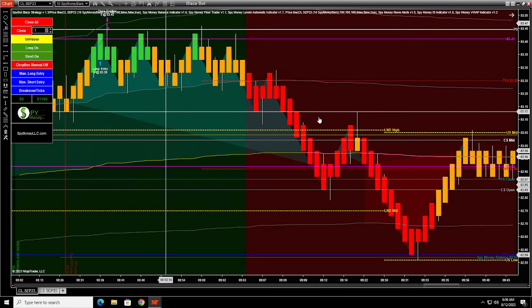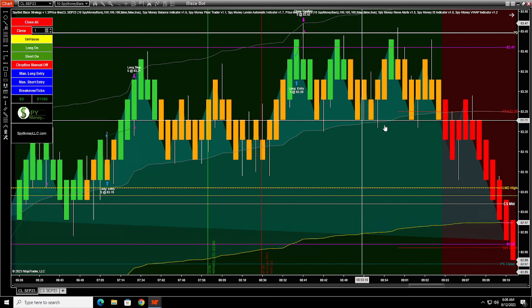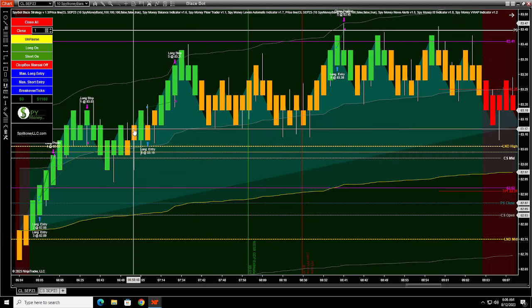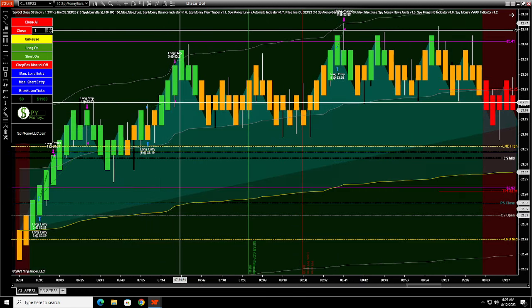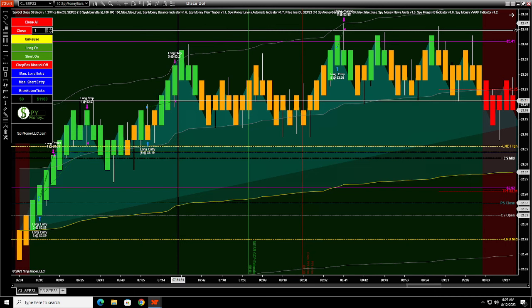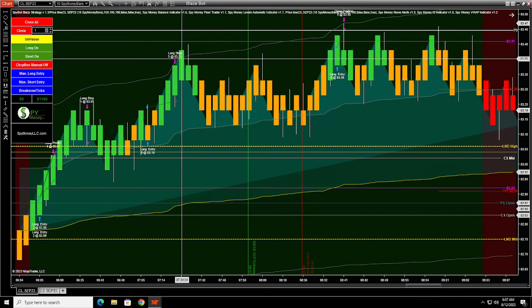Like for instance, this one over here, this trade right here, we had a trail stop on it, or a break even stop. Once it hit 12 ticks, it moved up 2 ticks on it. And that's what kept us out of this trade. We could have made a lot more money right here.